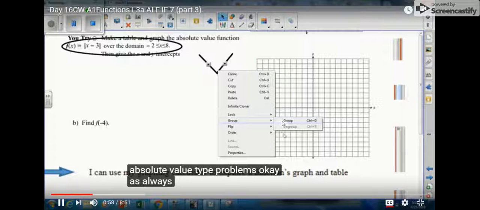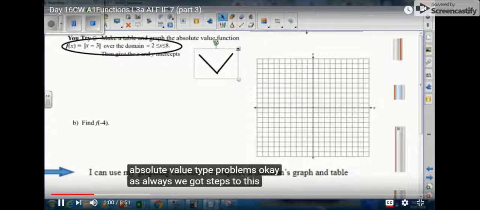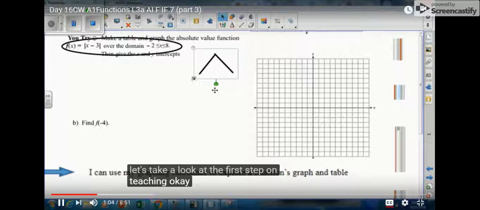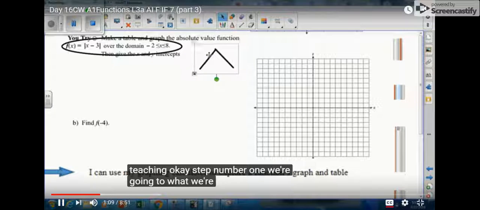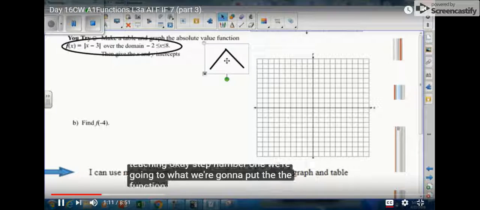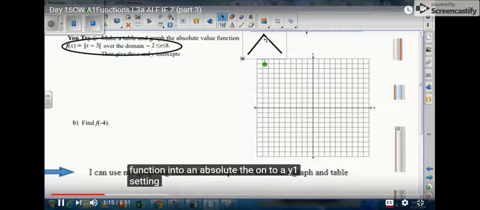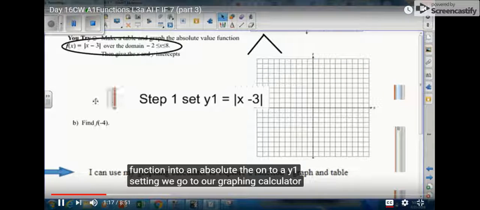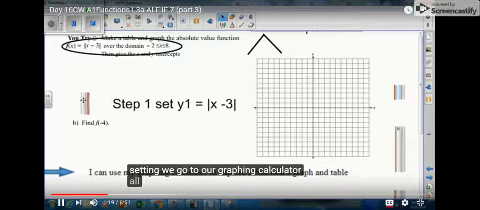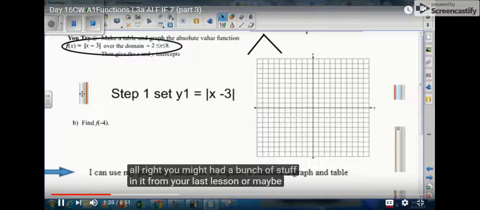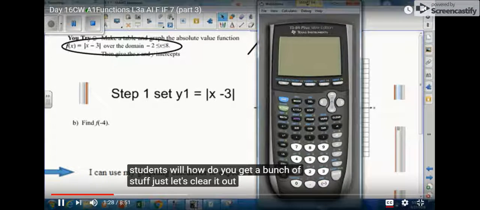Okay, as always, we've got steps to this. So let's take a look at the first step. Step number 1: we are going to put the function into a Y1 setting. We go to our graphing calculator. You might have a bunch of stuff in it from your last lesson, or the students ahead of you did a bunch of stuff. Just clear it out.